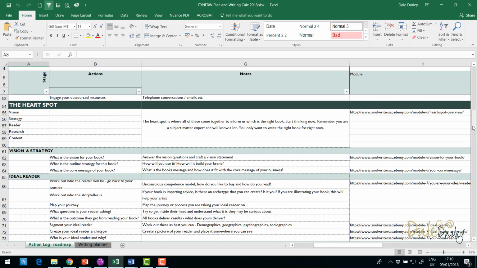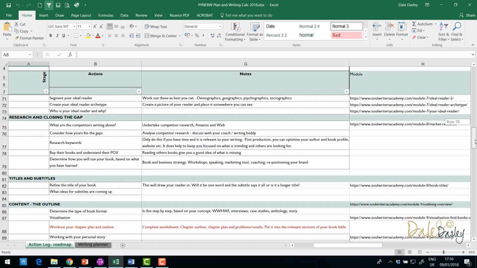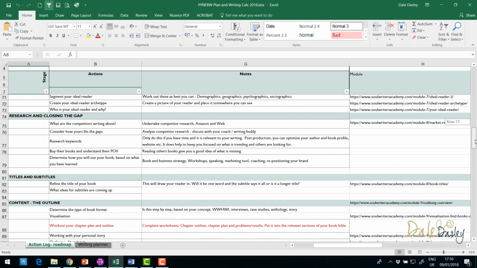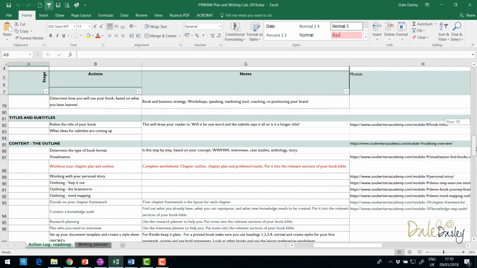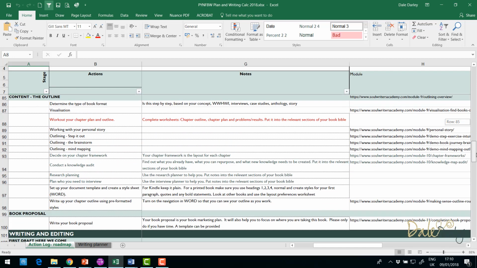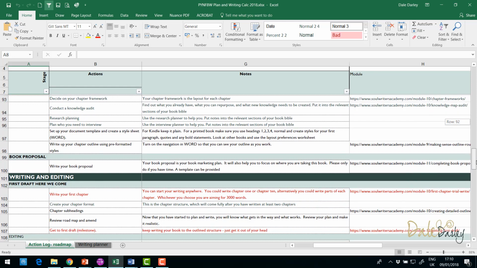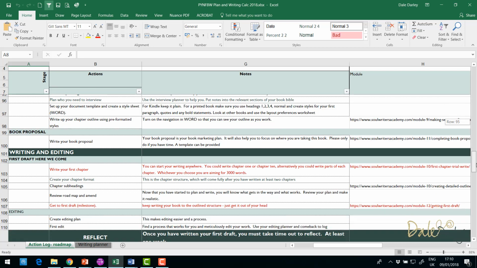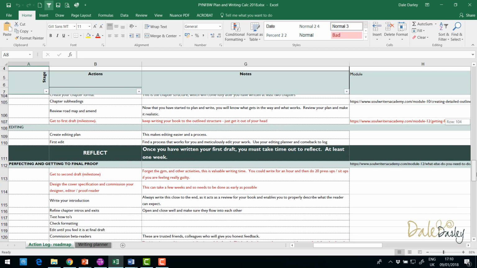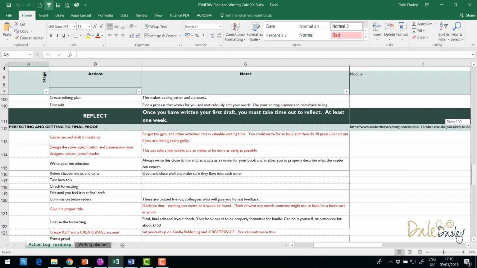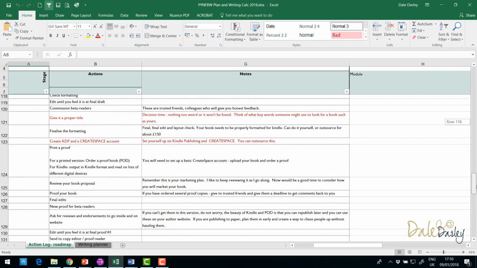So we'll be looking at things like vision and strategy, ideal reader, researching and closing the gap, things like titles, subtitles, book covers, creating an outline, chapter framework, book proposal, how on earth you're going to get it written. That'll be a conversation that we have. We'll talk about editing, and we'll talk about how we get all the way through to our final proof.